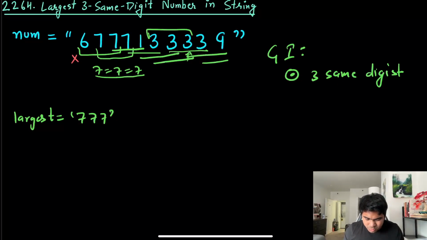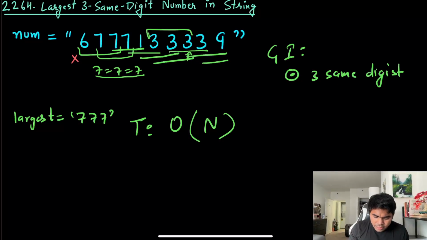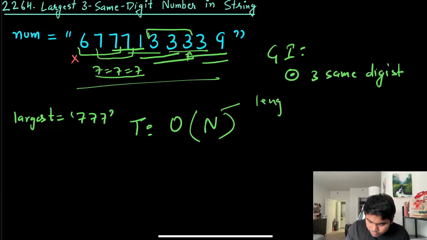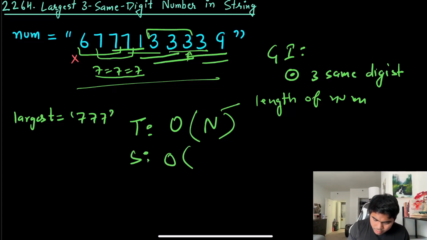This seems like a really easy solution, with a time complexity of big O of n, because at max we are going over the entire length of num, where n is the length of num. Space complexity, we are not really using anything, so it will be big O of 1. That is all. It was one of the simplest questions we have solved so far.